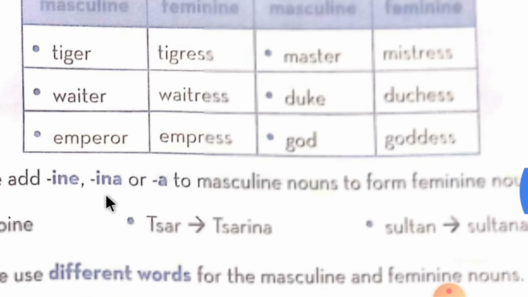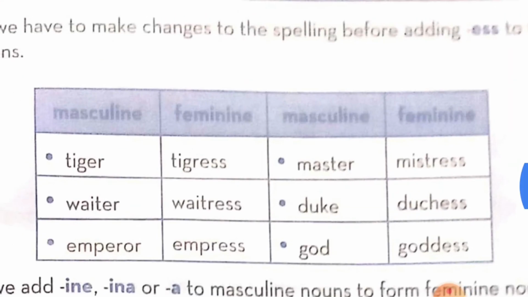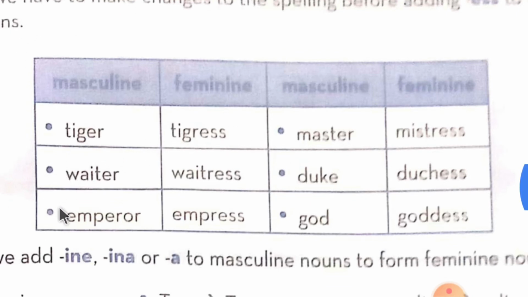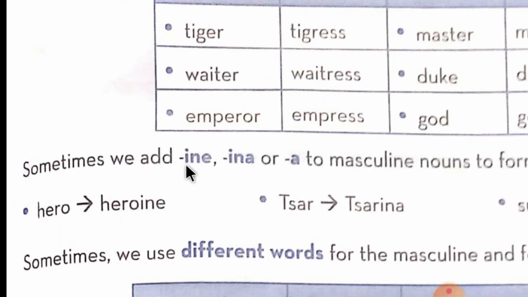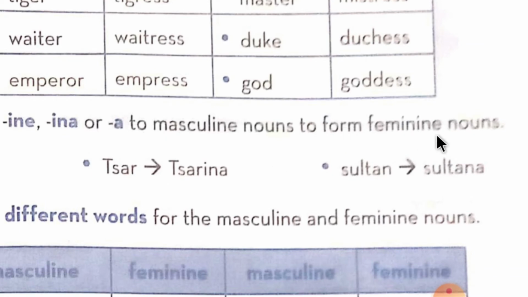So I think all of you understood that in this type of spelling we have to slight change the spelling, and then what we have to add? ESS. Then the masculine gender changes into feminine gender. Which is the another important rule? Look at here. Sometimes we add INE, INA or A to masculine nouns to form feminine nouns.